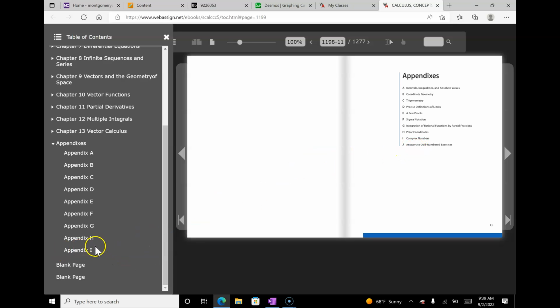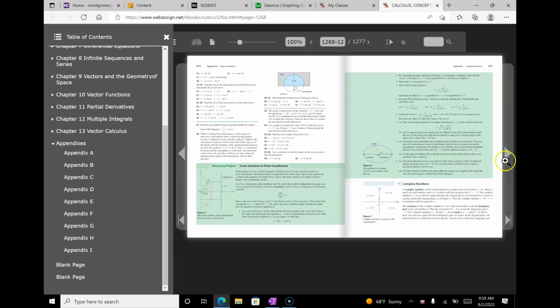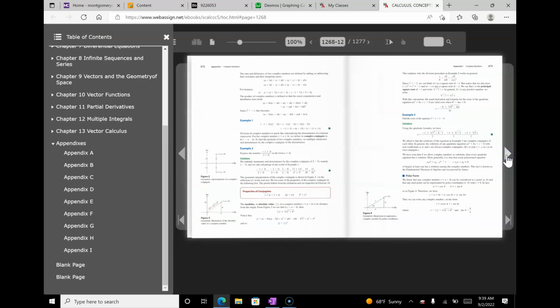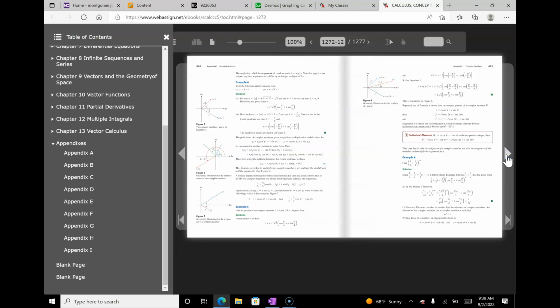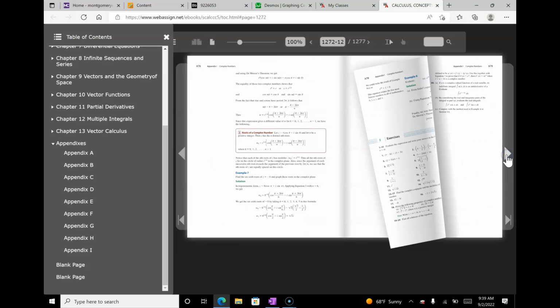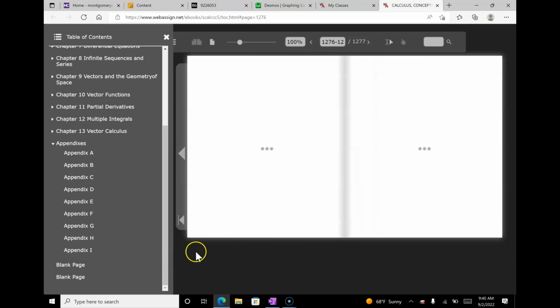Answers is Appendix J. Where is Appendix J? It goes up to I. Come on. What a ripoff. It's not there, I'll tell you that.